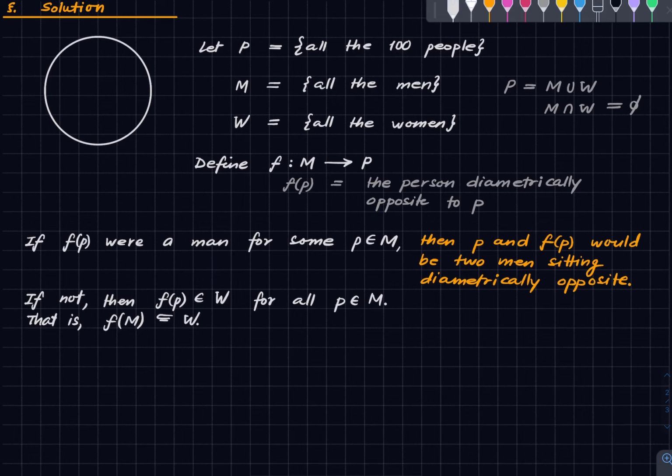But f is injective, and hence the size of W, meaning the number of women, is at least the size of any subset, which is equal to the size of M because f is injective.